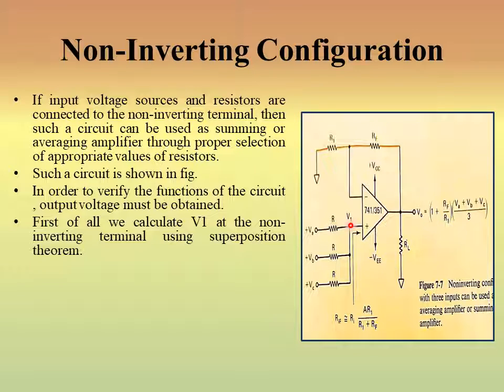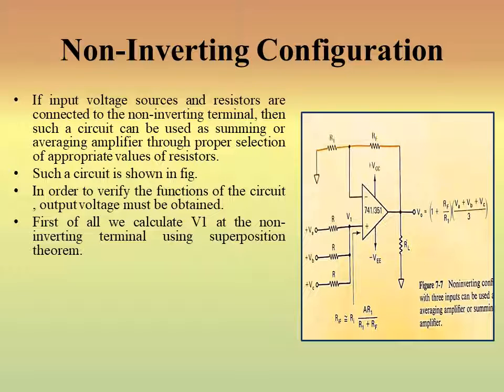So first of all we'll calculate what is V1. Now here you can see there are three input voltages, VA, VB and VC, and we have three resistors connected to it, and all three are connected again to V1. So how can we calculate V1? V1 can be calculated very easily using superposition theorem.